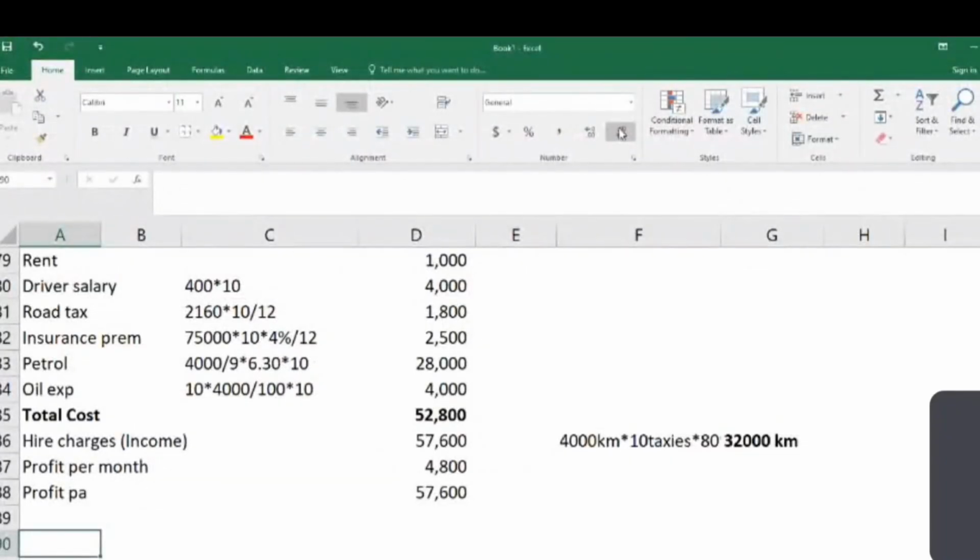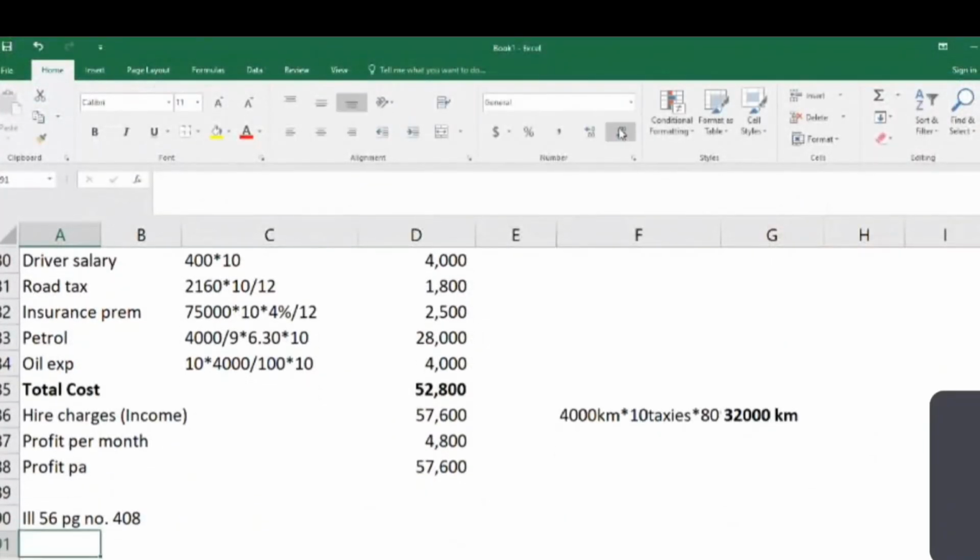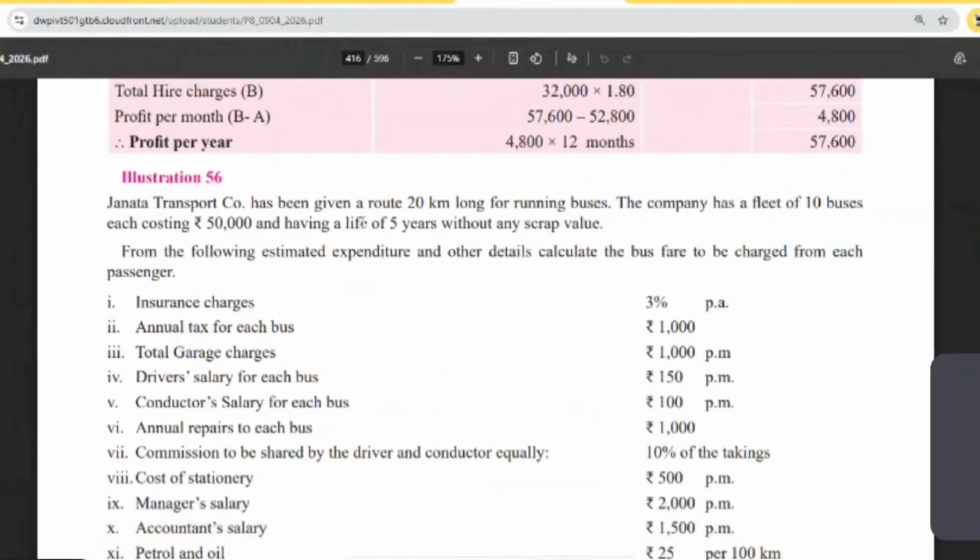Now we will go to illustration 56, page number 408. So now we will start illustration 56. Janata Transport Co. has been given a route 20 kilometers long for running buses. The company has a fleet of 10 buses, each costing 50,000 rupees and having a life of 5 years without a scrap value.